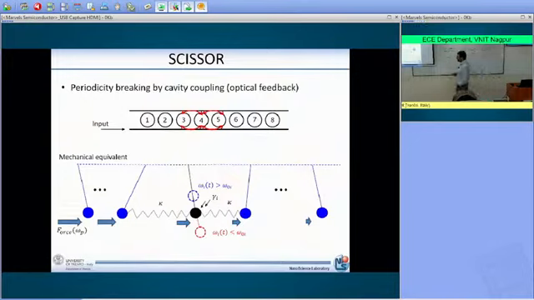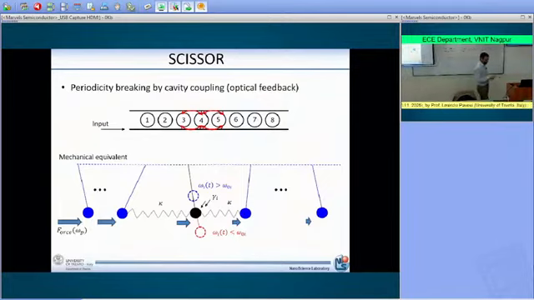Why is it quite complicated? Because this pendulum here starts oscillating, but since you have this sequence, this pendulum is also coupled to the nearby pendulum. And so this pendulum here also starts oscillating, okay?